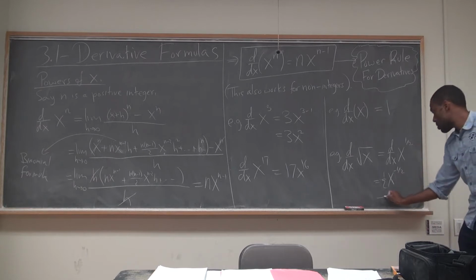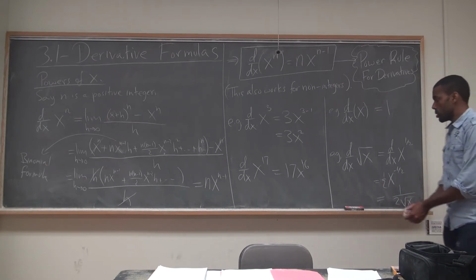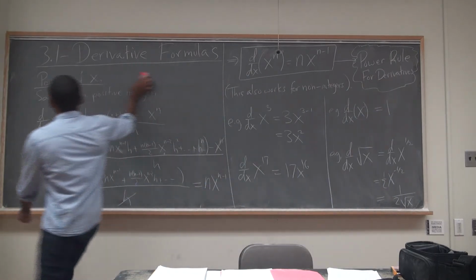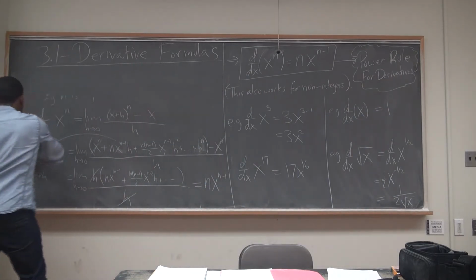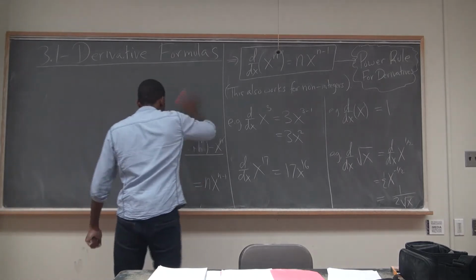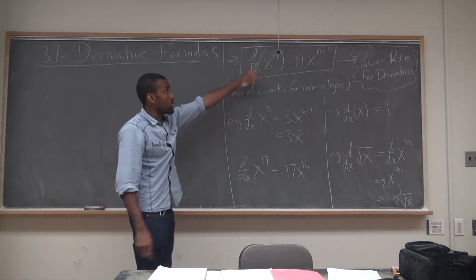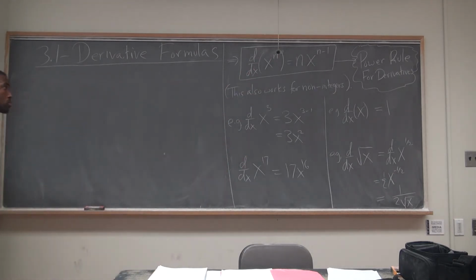So you can leave it as that, or you can rewrite this as 1 over 2 radical x. In general, I won't care about this. So yeah, in any case that you can write your function as something of that form, x to some constant power, this will be the derivative.